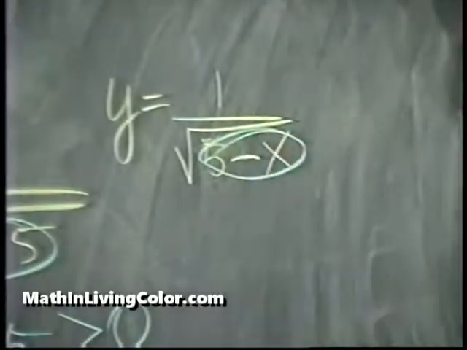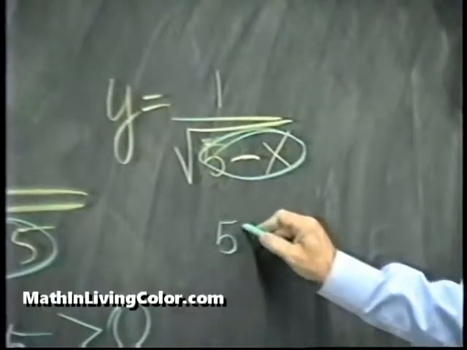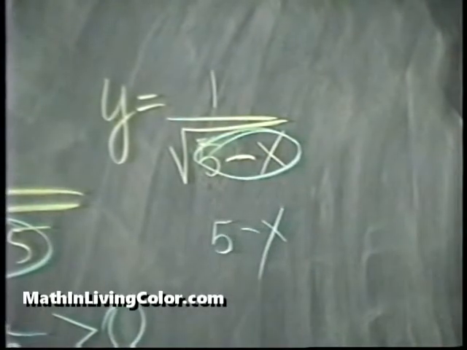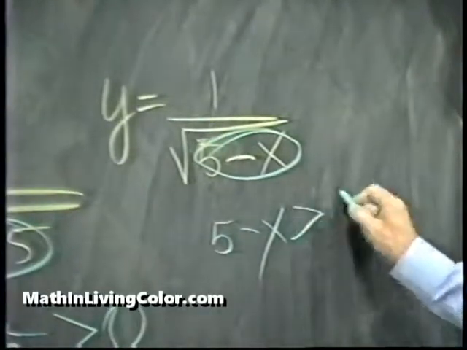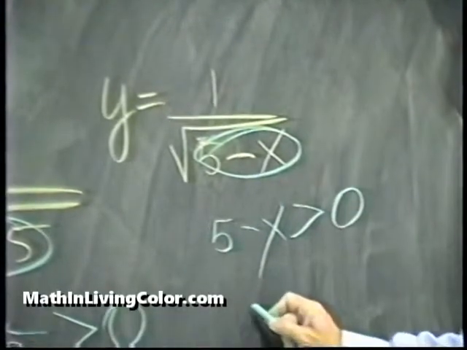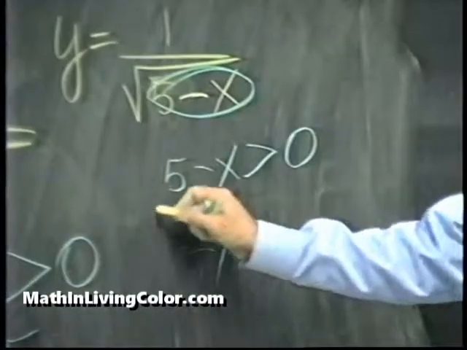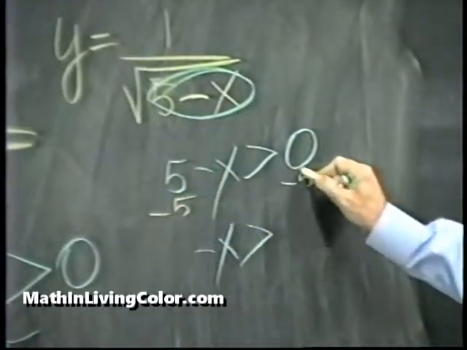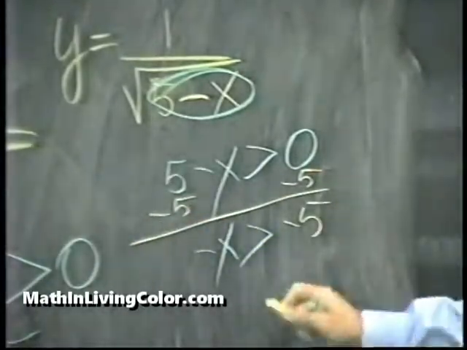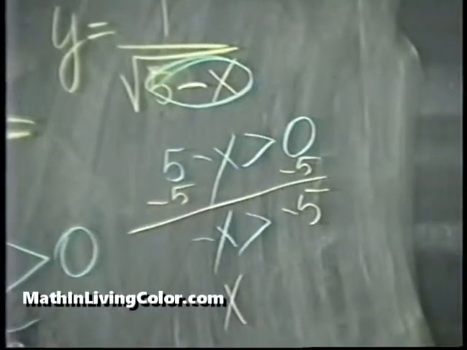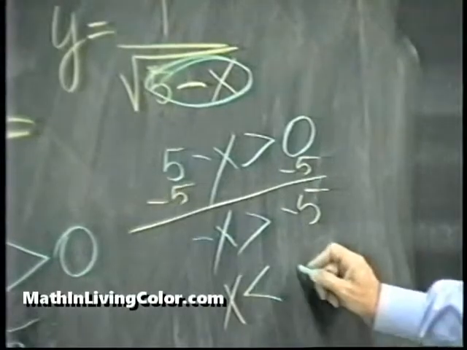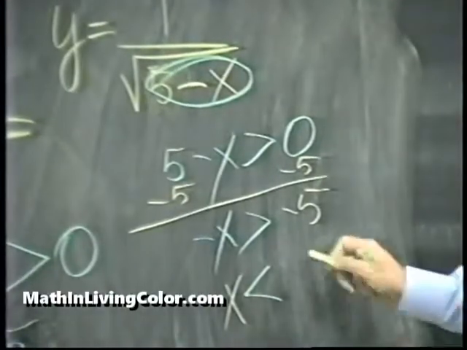What's in the radical, which is 5 minus x, must be greater than 0, which means negative x must be greater than how much? Now here we're going to subtract 5 on both sides. And therefore x is less than 5.